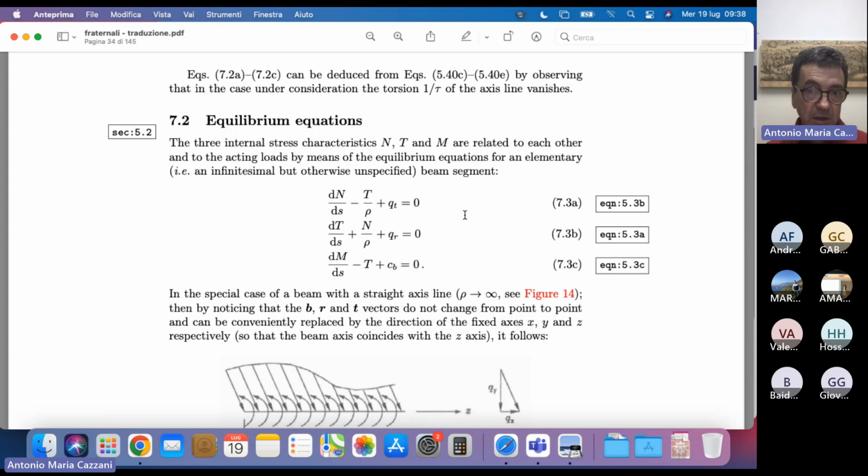So, of course, as we will see later in detail, if in particular the beam happens to have a straight axis line, then curvature becomes zero, so the radius of curvature becomes infinite, and so this coupling disappears.